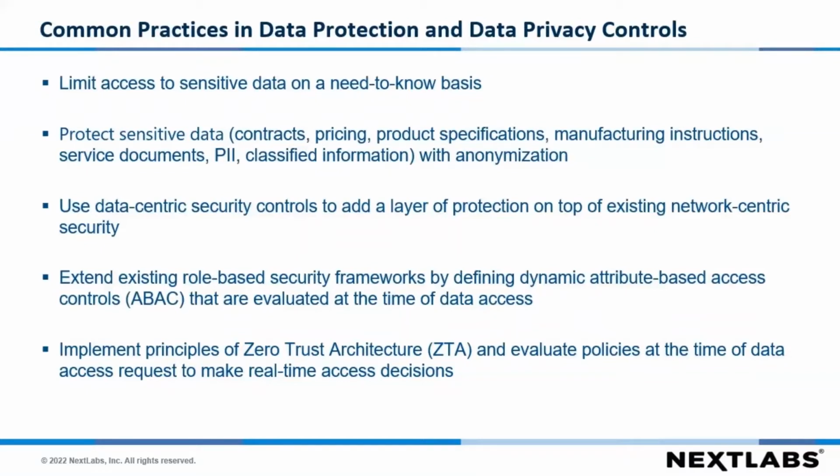So instead of defining roles, which can be difficult, especially when you have the exponential number of different combinations of factors, things need to be attribute driven so that there aren't any edge cases that aren't covered. So a lot of this is really part of implementing the principles of zero trust architecture, which at a high level is never trust, always verify before providing access to any bit of data.